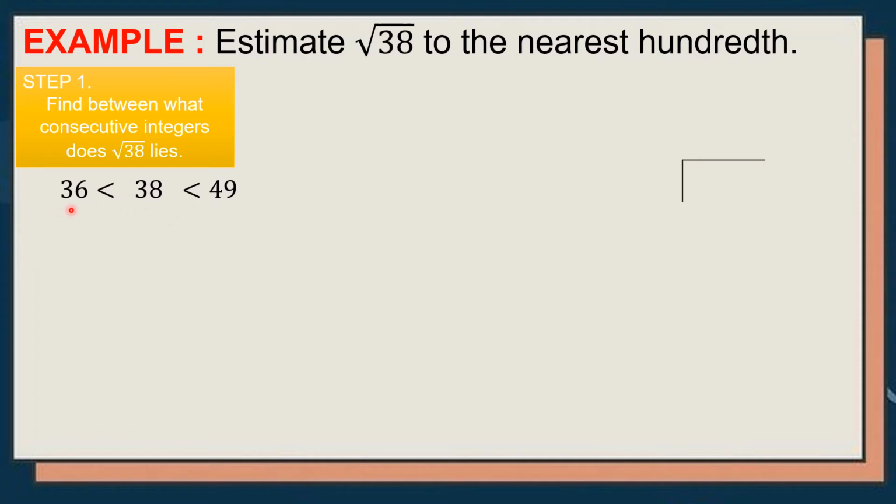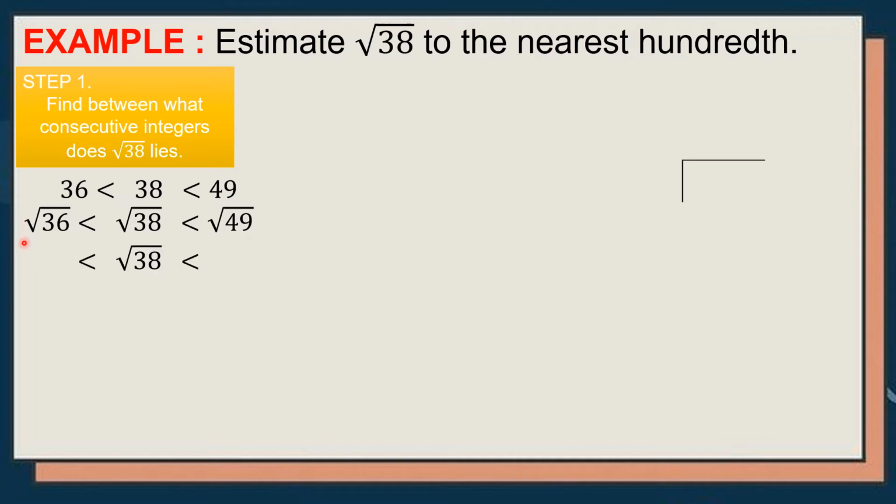So these two consecutive perfect squares, 36, which is less than 38, and 49, which is greater than 38. In getting the two consecutive integers, we have to extract the principal root of these two perfect squares. So we have to get the square root of 36 and the square root of 49.